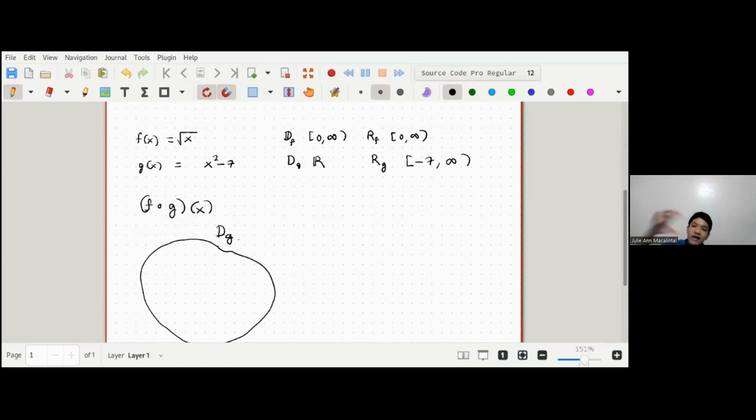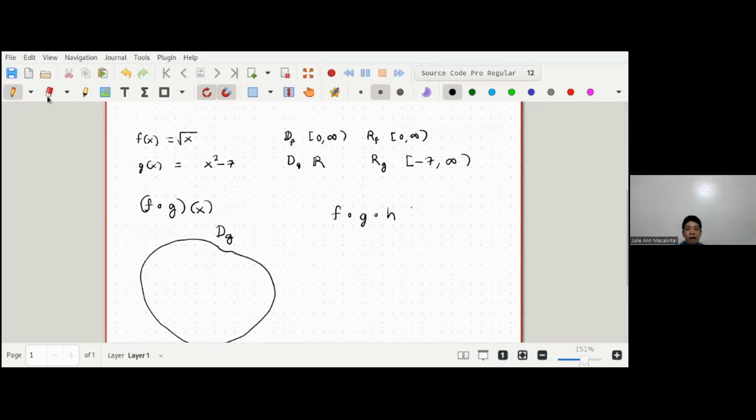Teka, nakamute ka ba? Pagka marami pong nakasabay-sabay na mga composition, kailangan po maglagay ng parentheses. Actually, it turns out na you just read it from right to left. So f circle g circle h. Tama.